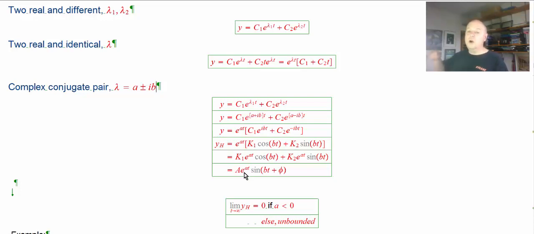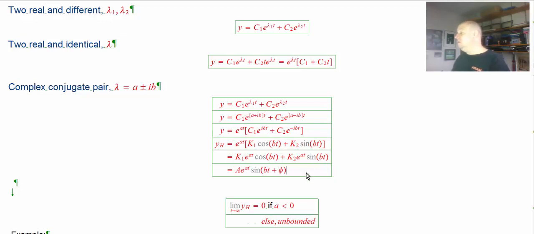We're going to associate complex conjugate eigenvalues with oscillations. Why? Because oscillations have to do with trig, and the trig showed up with complex conjugate eigenvalues because of Euler's relation. I guess let's do an example.